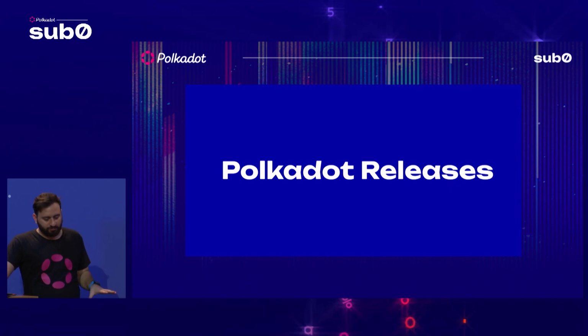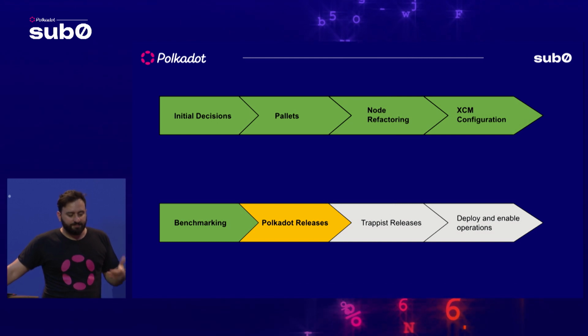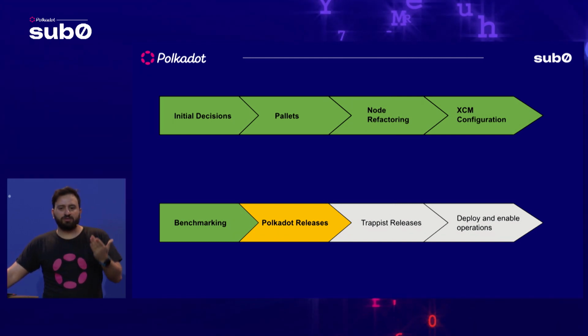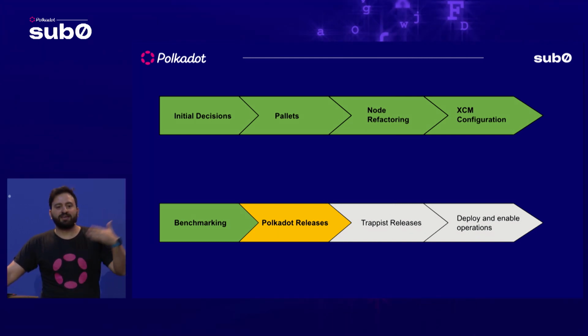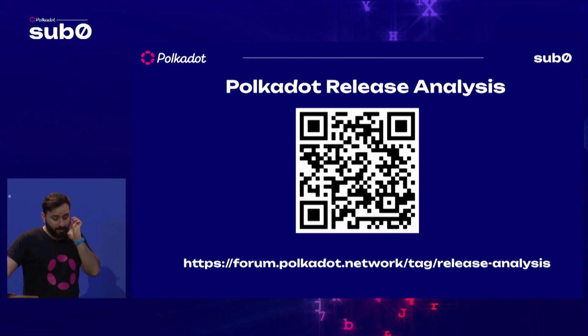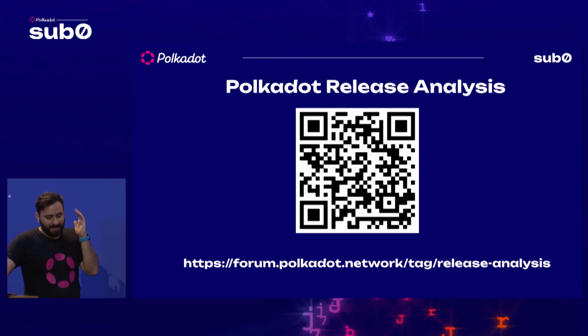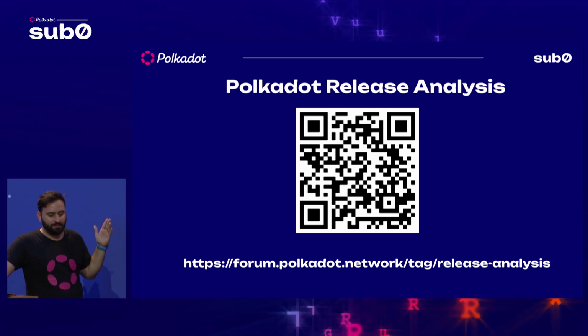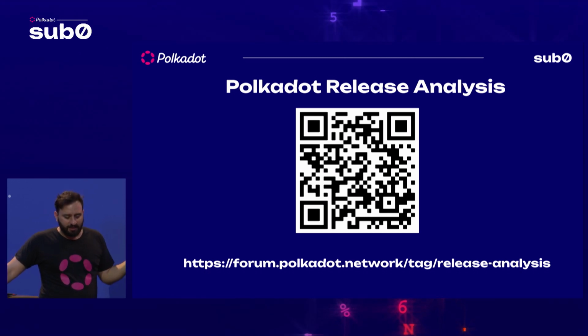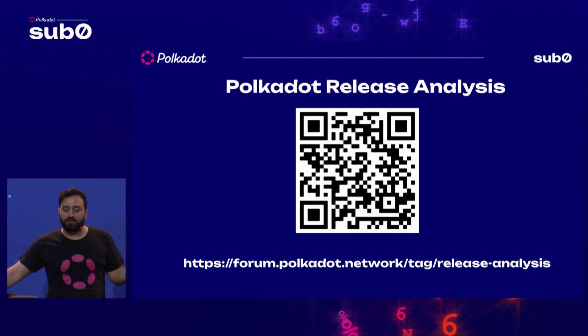So, Polkadot releases, all right? We have the benchmark, we have everything ready, but we needed to think about how we are going to upgrade to the next versions of Polkadot, right? And hopefully, we now have this process, the Polkadot release analysis process, which is a report that comes out with every Polkadot release.